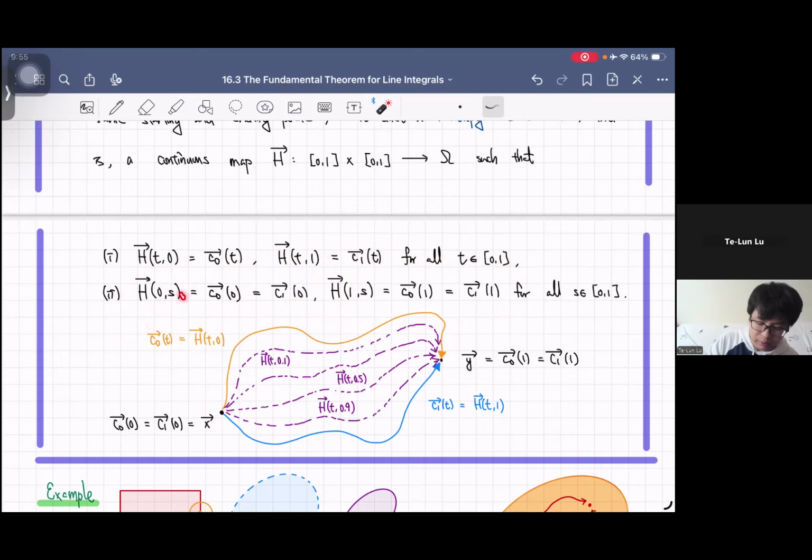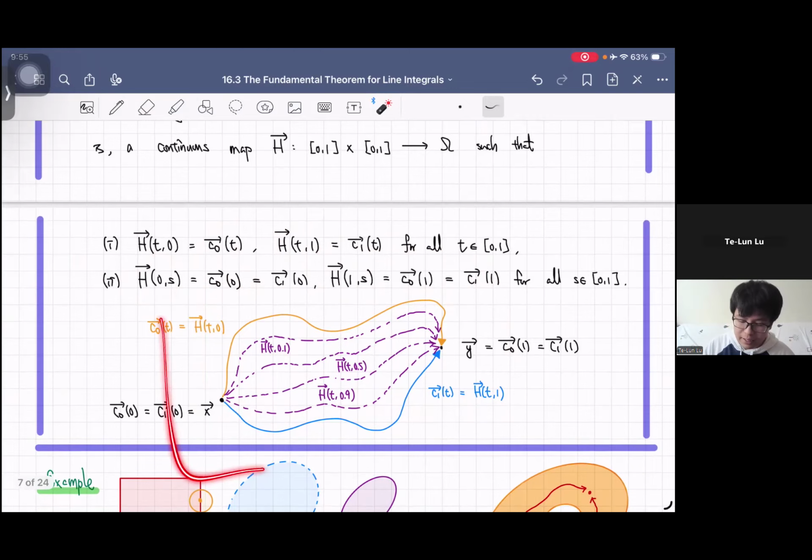Fixing the latter variable is saying some property about that particular path. So you can see that in this case, we're saying that the first path is C0 and the last path is C1, where these paths share the same starting point and ending point. Okay? So basically, this property tells you this, that. I hope that this is kind of intuitive, because I would say that if you understand this, then these two just come in very naturally, right?